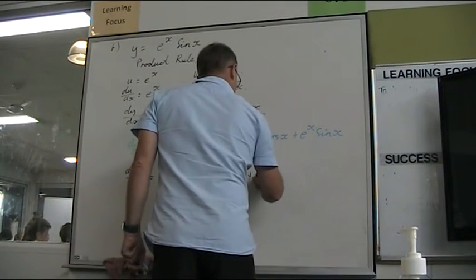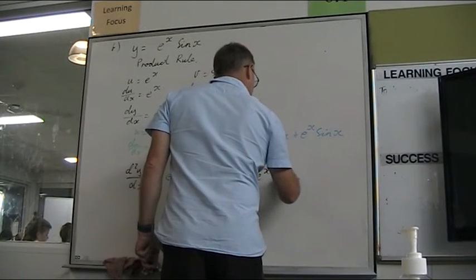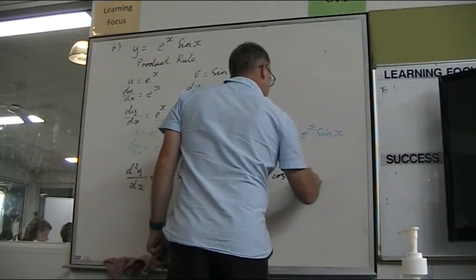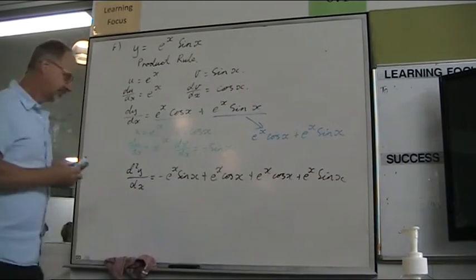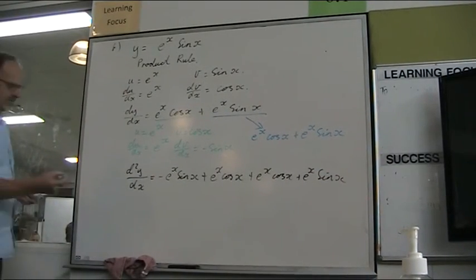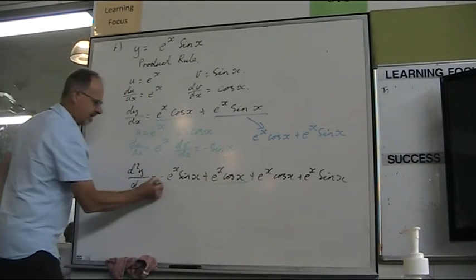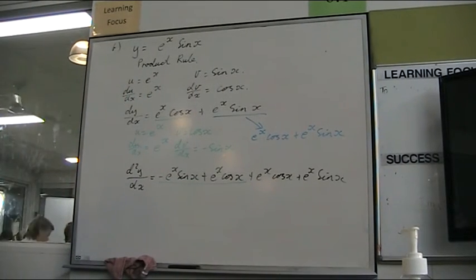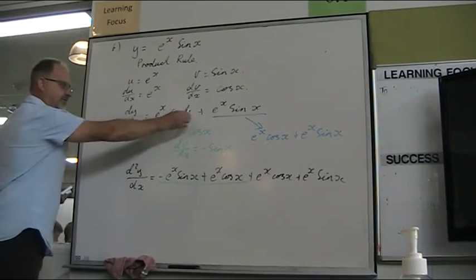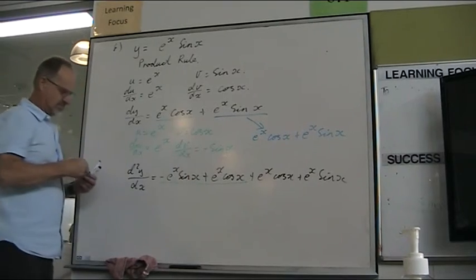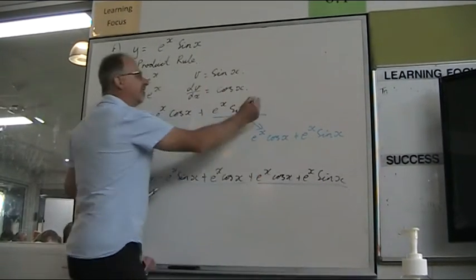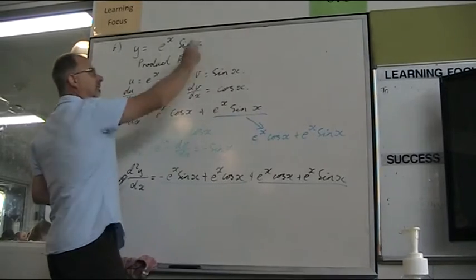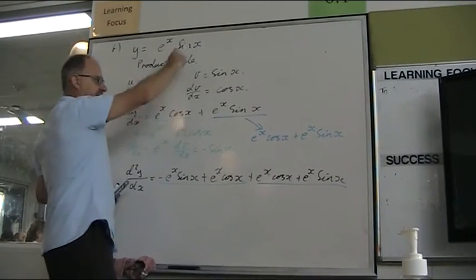So plus e to the x cos x plus e to the x sine x. Alright, so this first part there is that green one. It's differentiating this one. And this part on the end is differentiating this bit, which of course is what we did here. So I've just used that result.